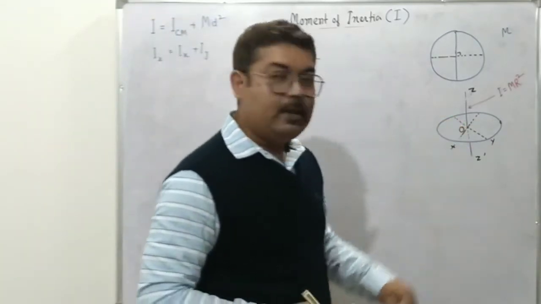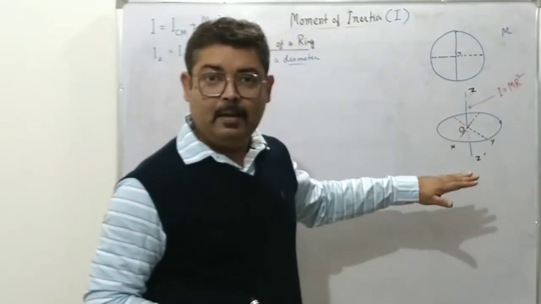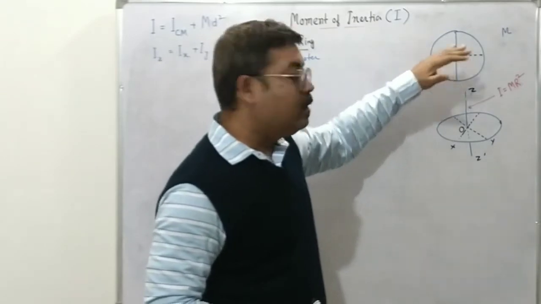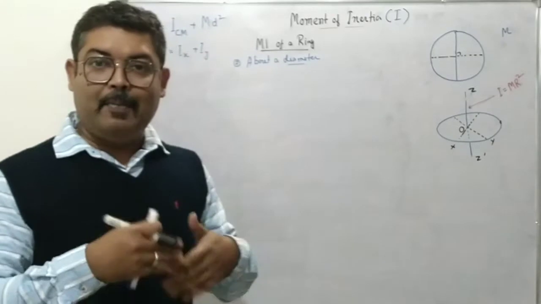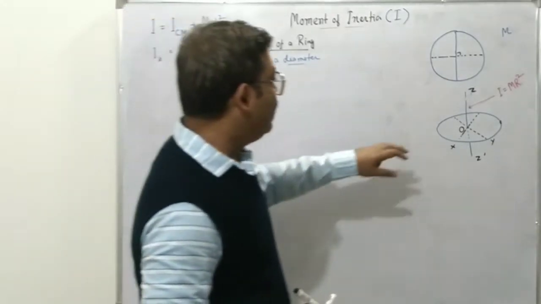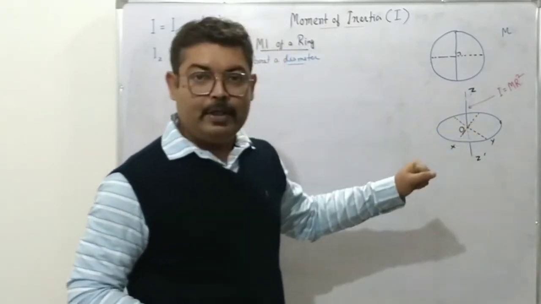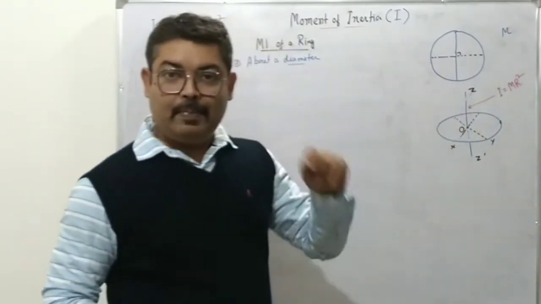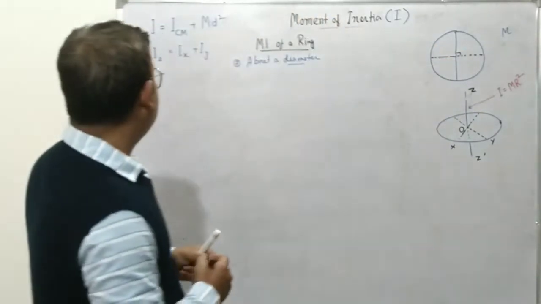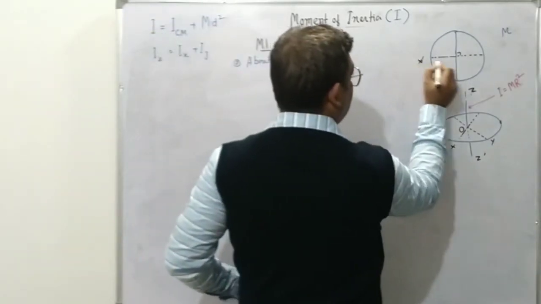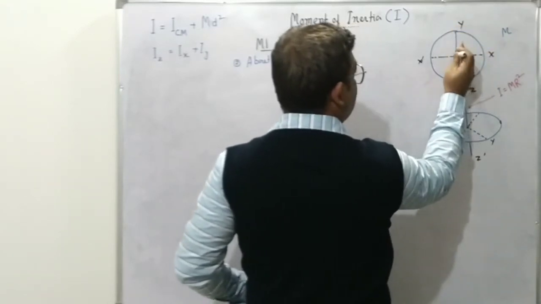So two diameters are lying in the plane, and also we need to notice that about any diameter, the ring is symmetric. So the moment of inertia of the ring about any of the diameters will be the same. So if we consider these two diameters as the x and y axes, which are mutually perpendicular to each other, and then the z axis is perpendicular to the plane of the ring like this, then let's say this is the x axis and this is the y axis, and so the z axis will be like this.